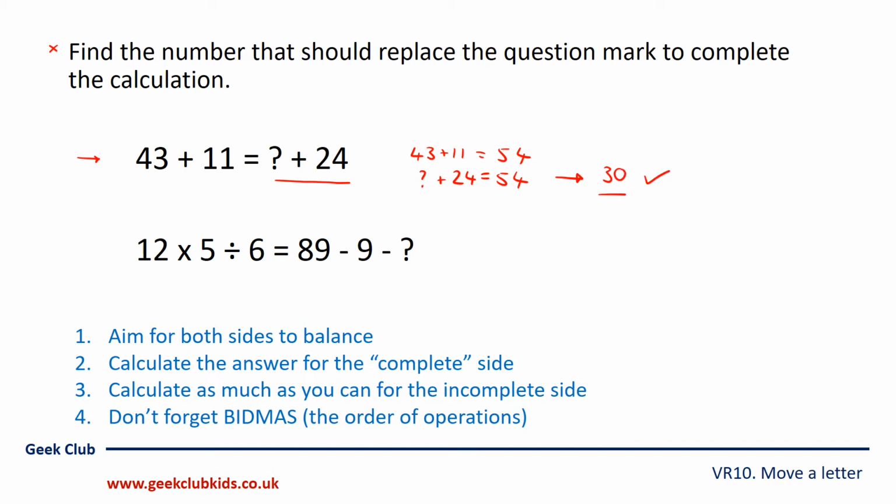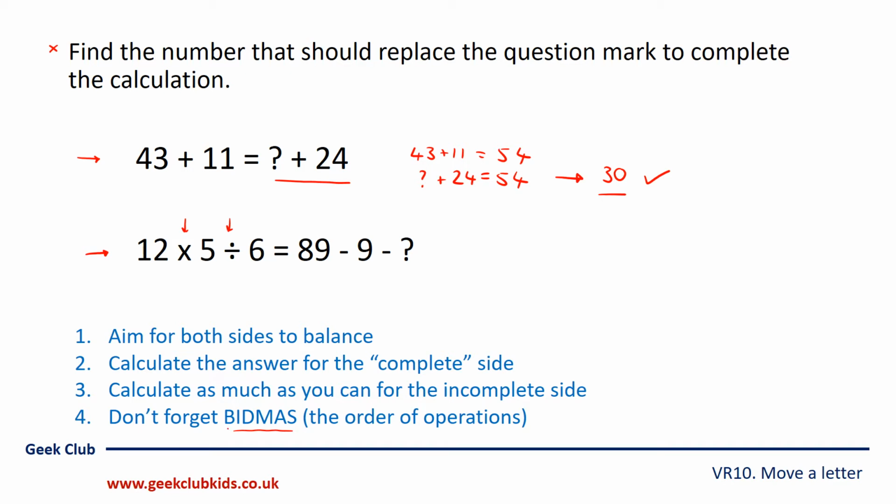Let's have a look at this example, which has a few more numbers in. So we've got 12 times 5 divided by 6. Now remember, in a calculation, if you have more than one operation, so more than one add or multiply or divide, then there is a specific order that we have to do it in. Remember BIDMAS? That tells us the order in which we should do calculations.